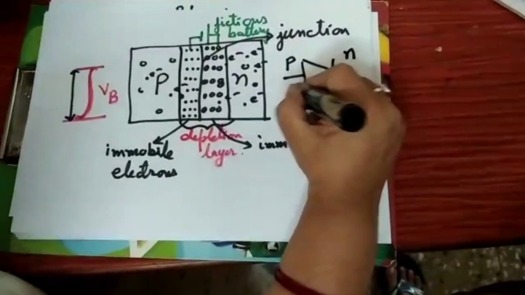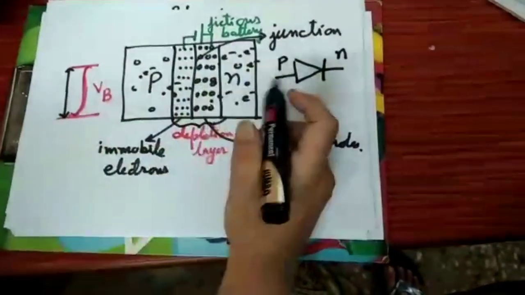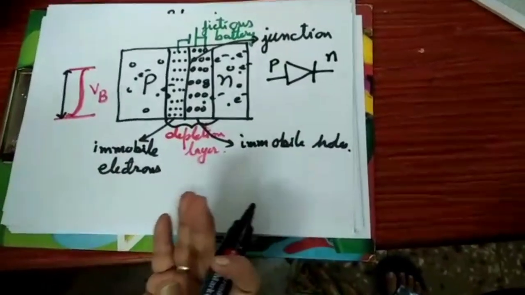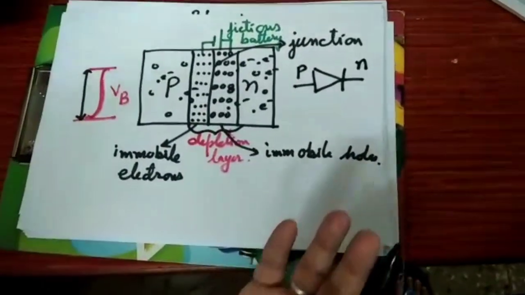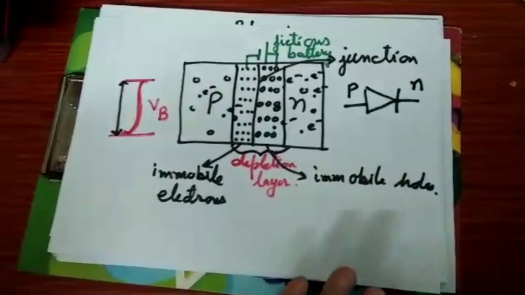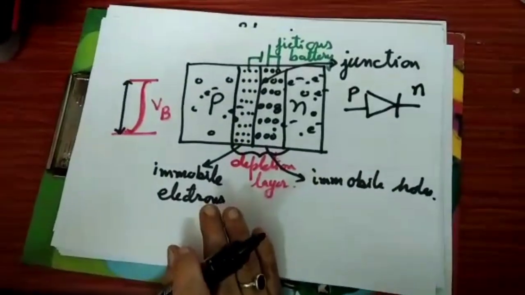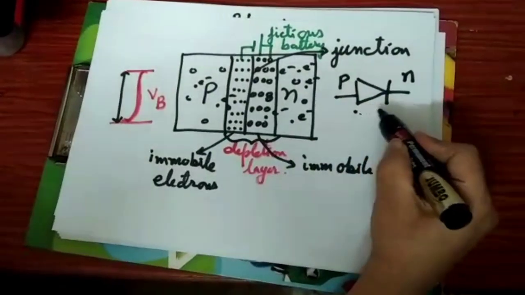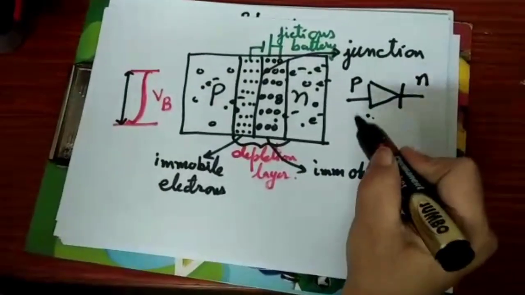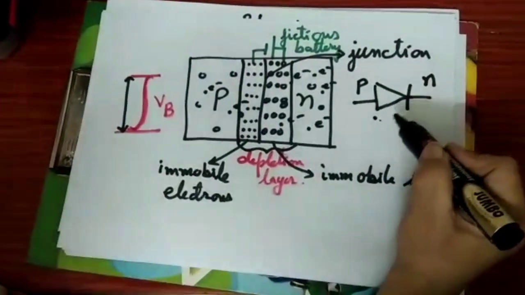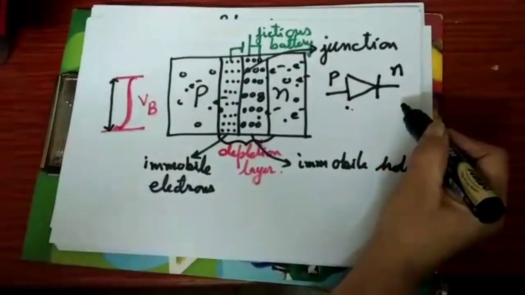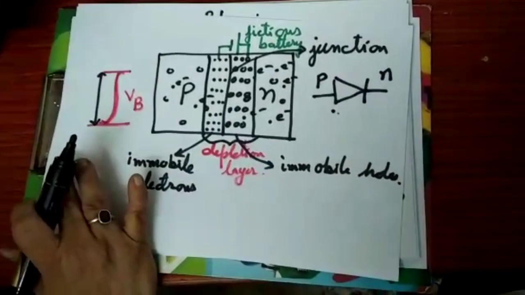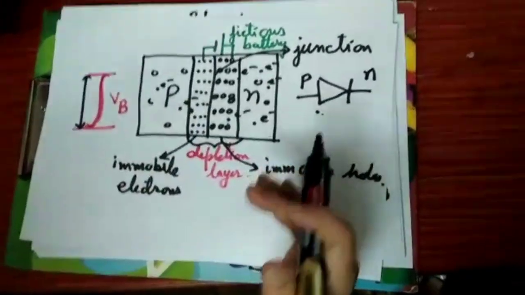Every device has its own characteristic curve, which shows its behavior in terms of current and voltage. So we will see its behavior in terms of current and voltage by drawing a graph of I versus V in forward bias as well as in reverse bias.